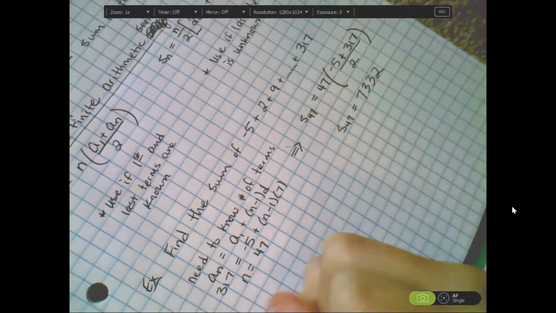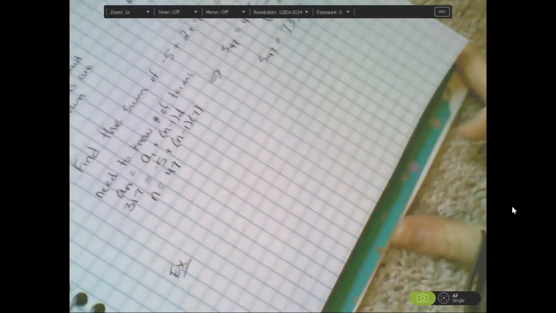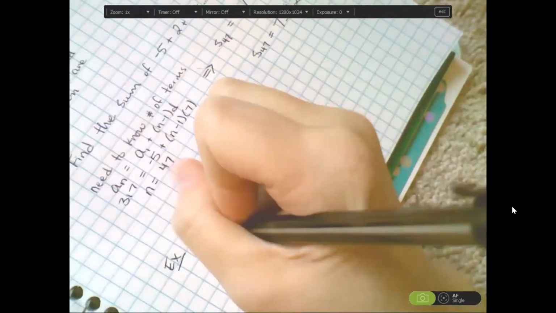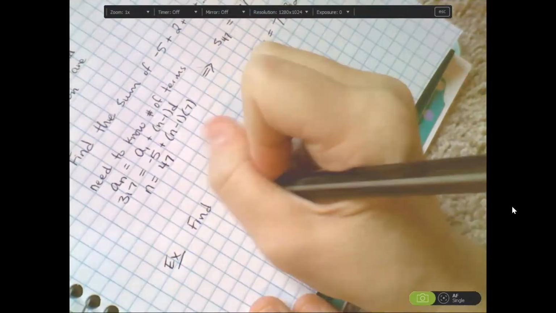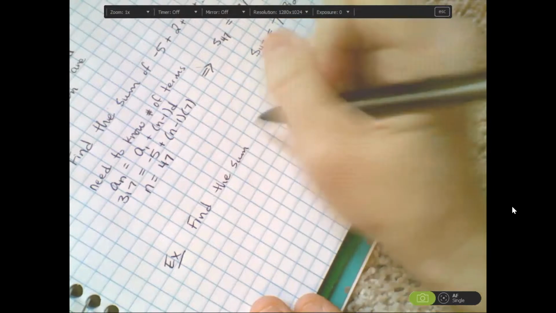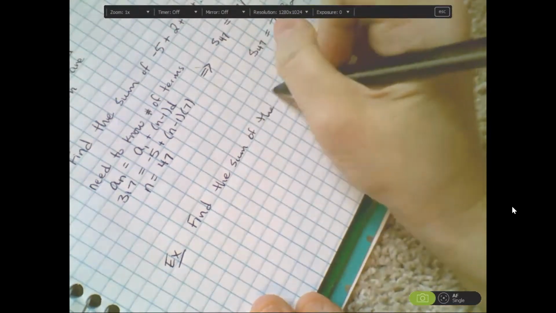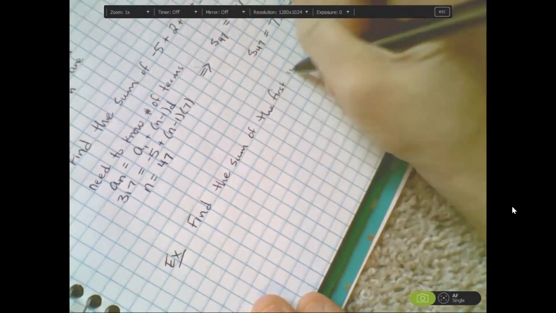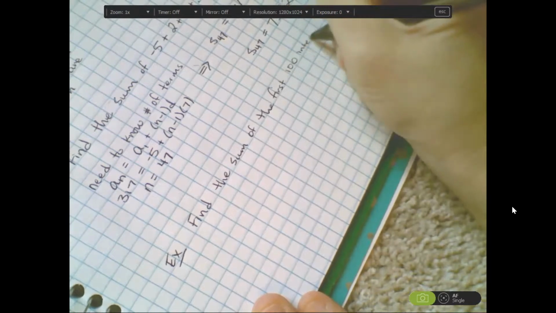A similar problem: find the sum of the first 100 integers.